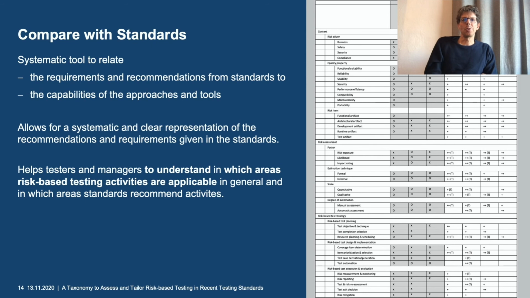What did we do with these tools? So we put them in context with the existing standards and on the basis of our taxonomy. So you can see the table on the right hand side. There is this taxonomy on the left side, then it is followed by the standards, and finally you will find the tools.